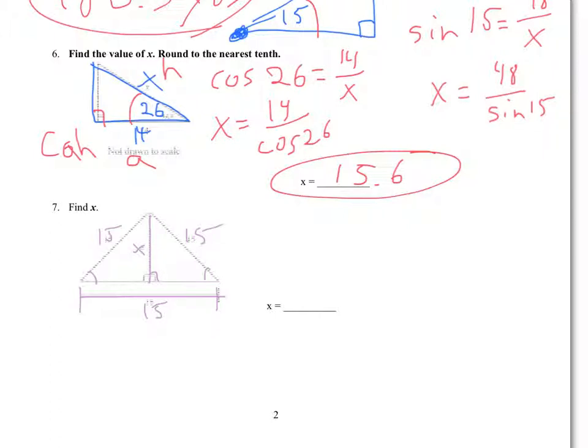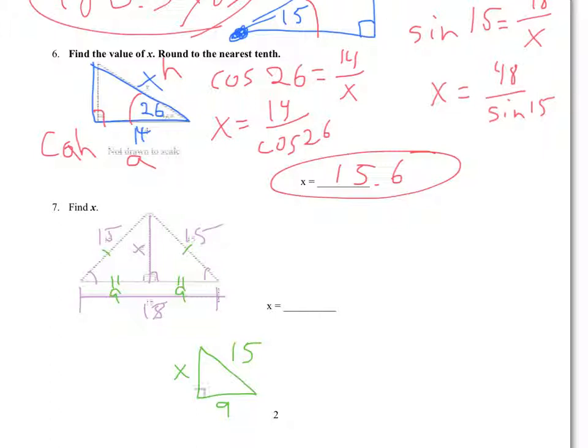And actually that should be 18. These segments are congruent. This segment is divided by this altitude, so that means that each segment is 9. That leaves me with a right triangle, x, 15, and 9.